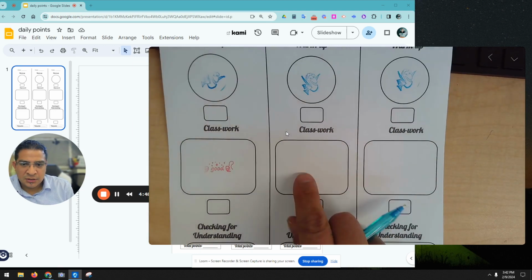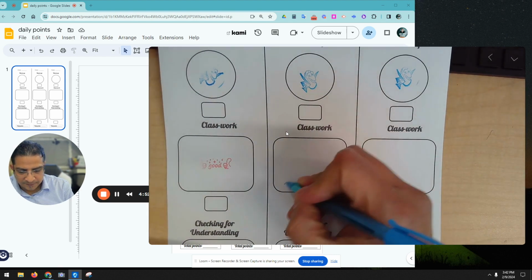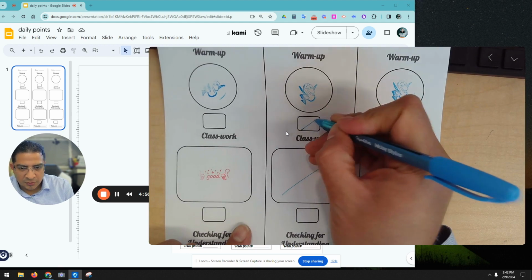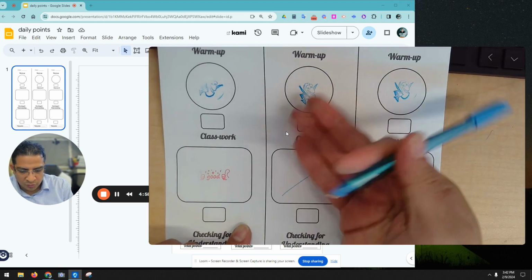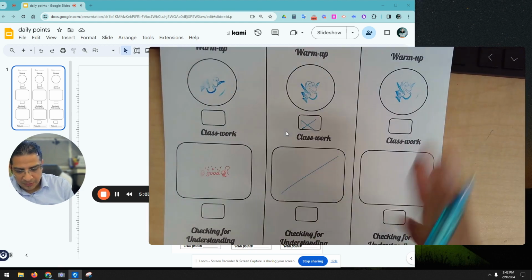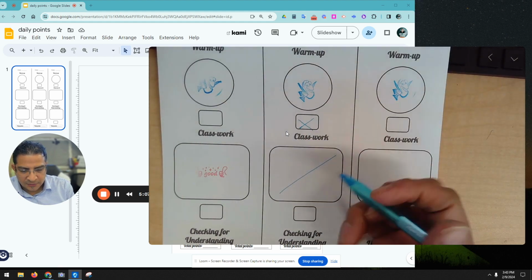If this person didn't do the work, then I wouldn't give them the points. You can cross it out if you like. Maybe this one here didn't do it. You can do that, or you just don't mark anything because they didn't do it. However you like to do it. For me, I wouldn't give them a stamp if they didn't do it.